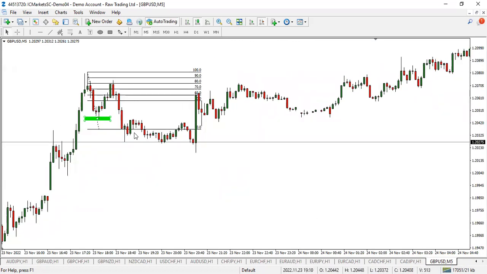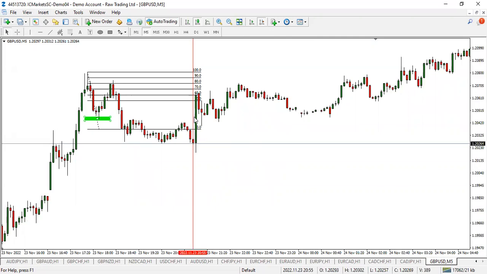So if you look at this accumulation here, it did accumulate, gathered buyers here, and then with this candle here, it went straight to hit the stop losses of those buyers with this bullish candle.